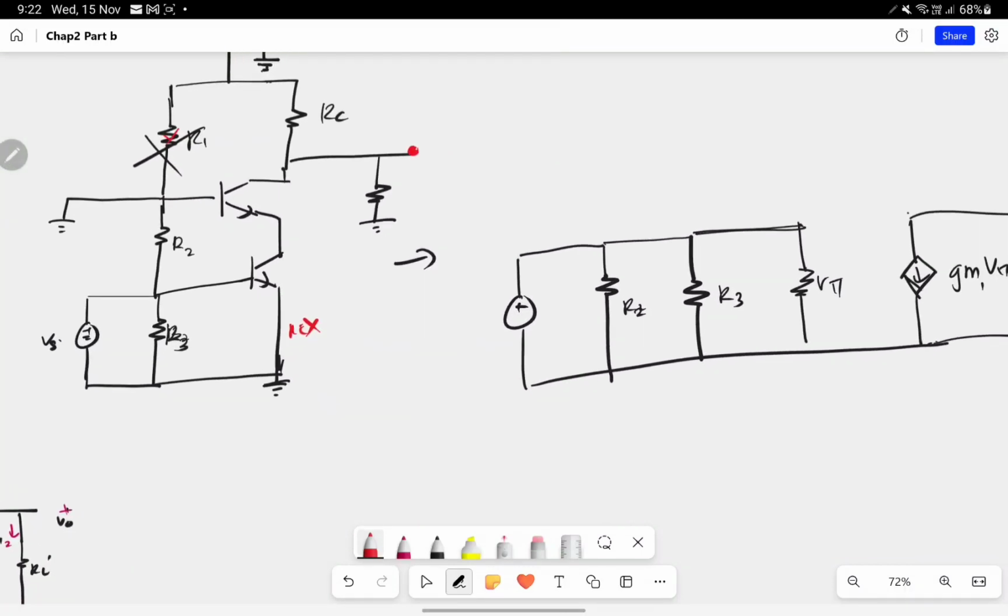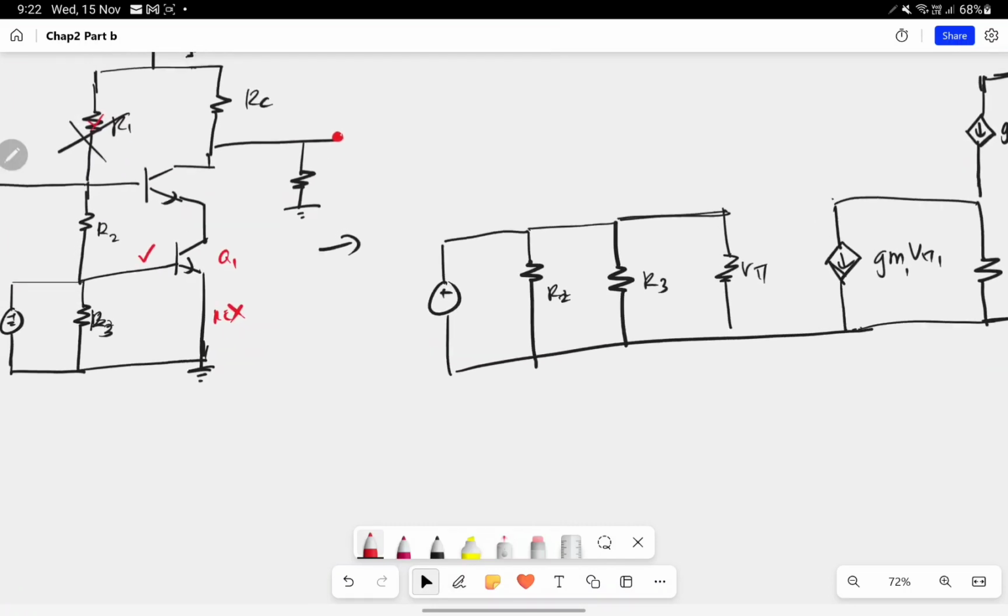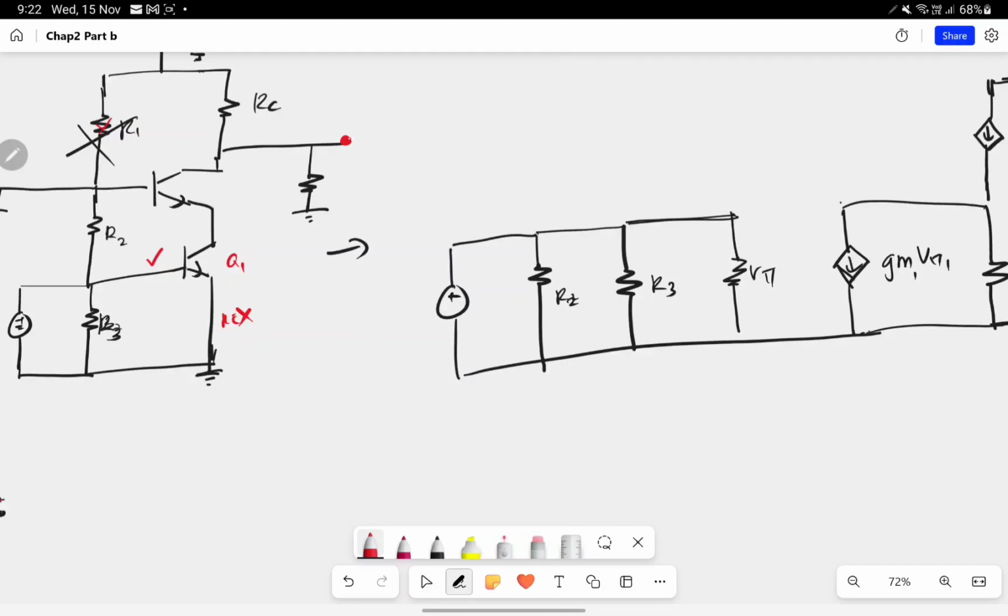as I advise you guys, you start the connection from the base of Q1, to transform them into the small signal model. Between B and E for the first transistor we have R pi 1.